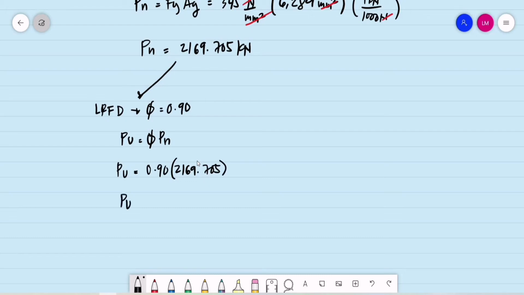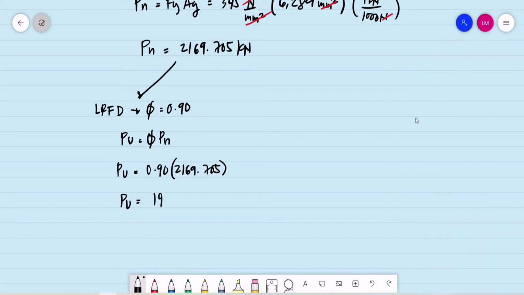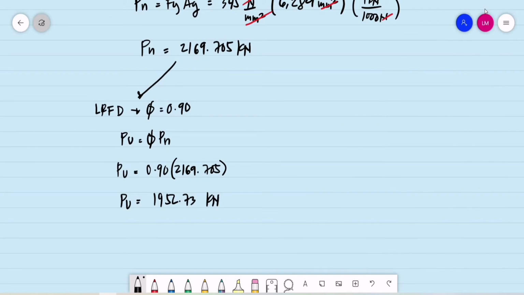So the design tensile strength under LRFD is this value multiplied by 0.9, that will be 1,952.73 kilonewtons. Okay, so that will be under LRFD.